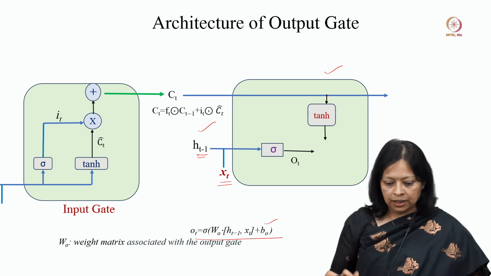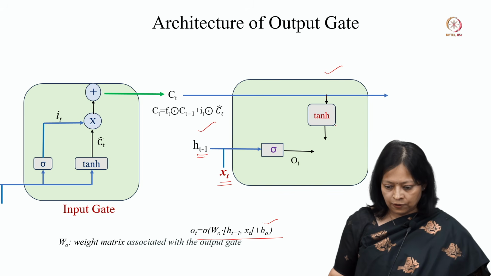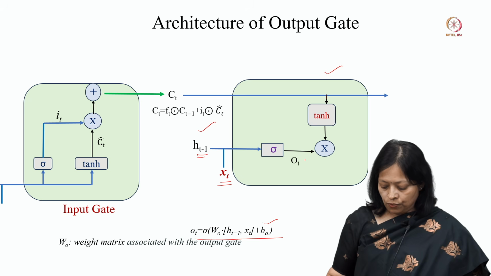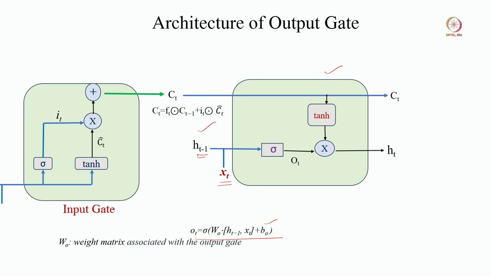Whatever is coming out of the tanh activation function gets multiplied with the Ot, and whatever output we get is the ht. So ht is nothing but Ot element wise multiplication with tanh of Ct, because Ct was coming from here and is going through tanh.